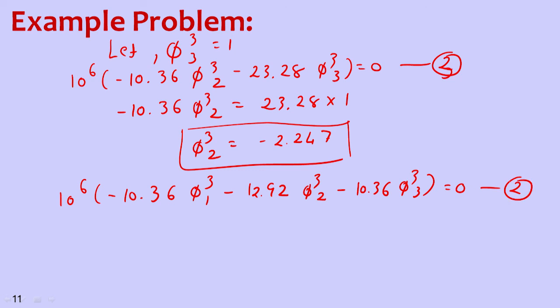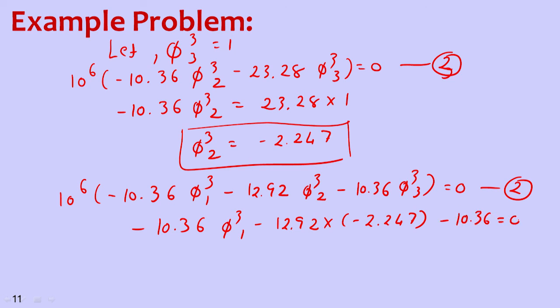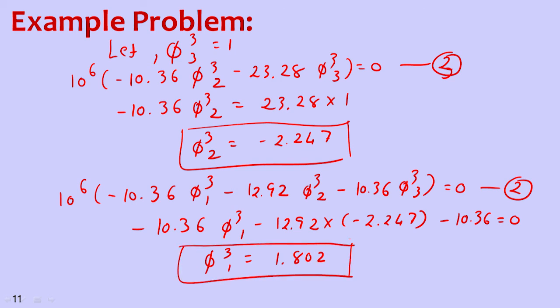So minus 10.36 531 minus 12.92 multiplied by the 532 value of minus 2.247 minus 10.36 is equal to 0. 531 is equal to 1.802. So here we also got the values of phi for the third mode on the first and second floors.